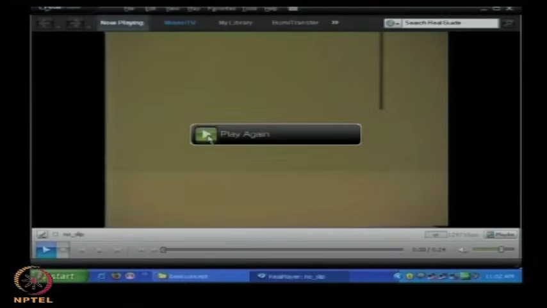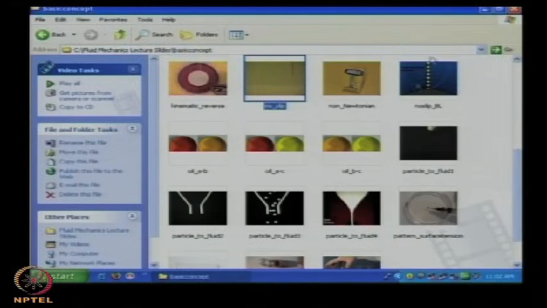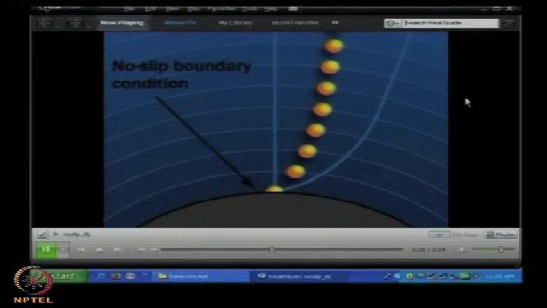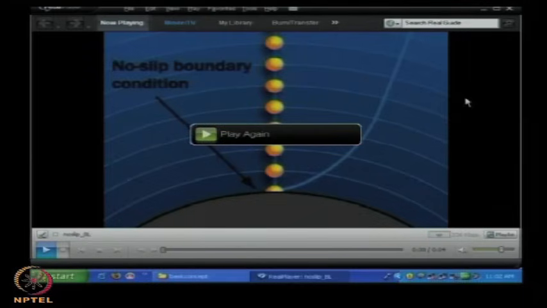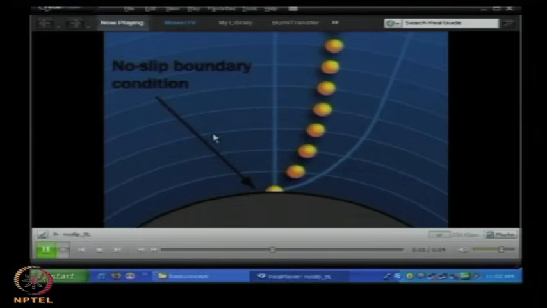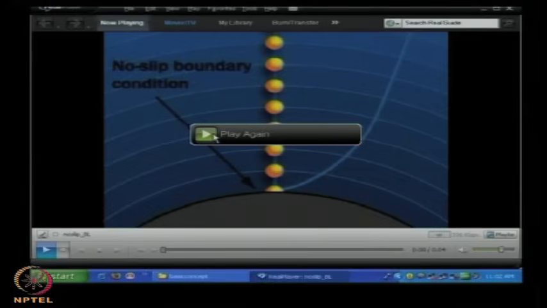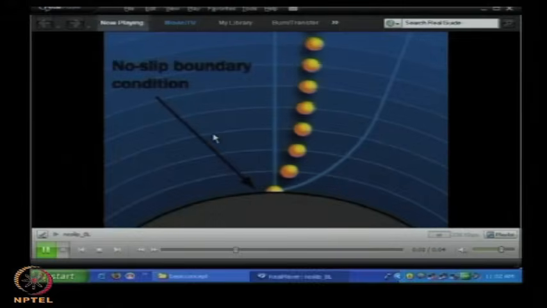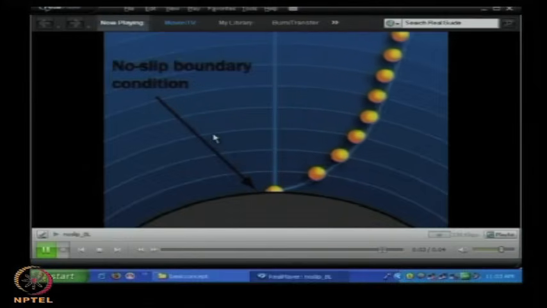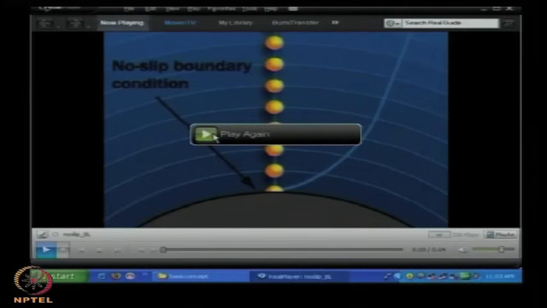So to have a different and maybe a more artificial point of view, let us look into this. At the wall, because of the no slip boundary condition, you have the so called particles or molecules sticking, but as you go further and further outside, you see that there is a velocity profile being developed, there are velocity gradients being developed.